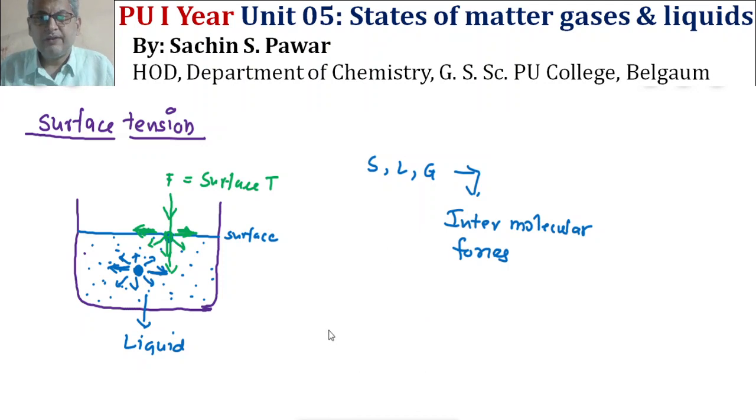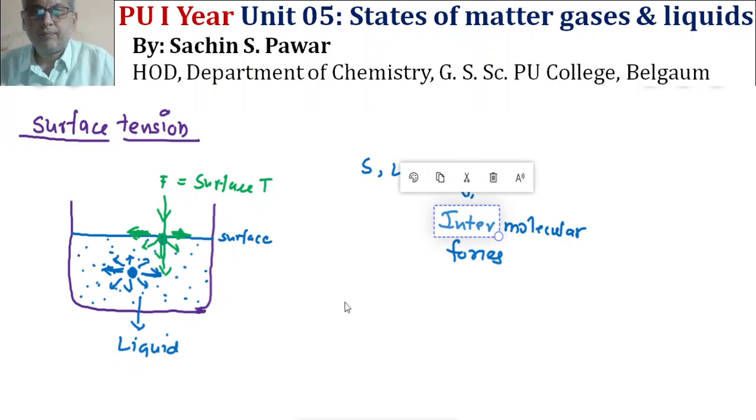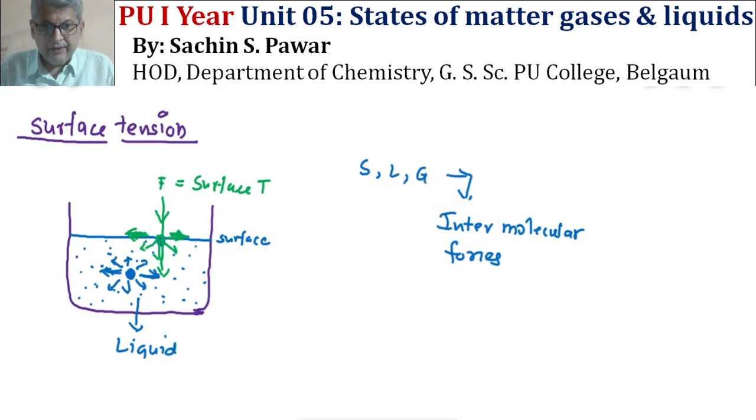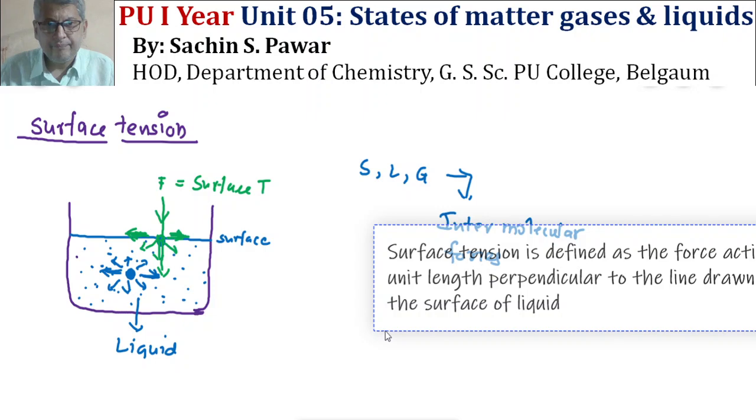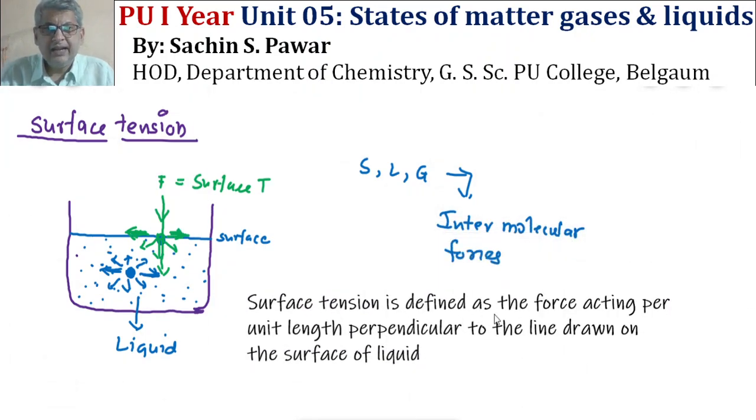So what is surface tension? I hope you have understood. If I have to go for a definition, the simplest definition of surface tension is this: surface tension is defined as the force acting per unit length.